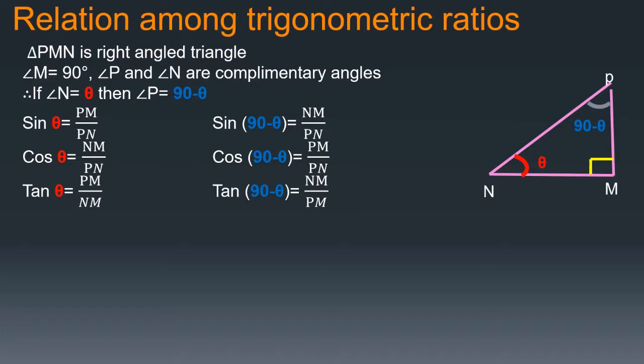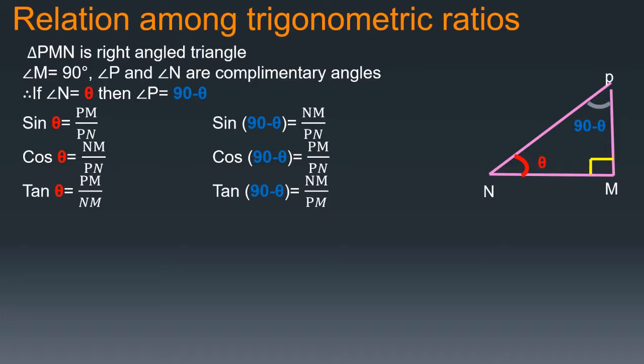Next is tan ratio. So tan ratio is opposite side upon adjacent side. The opposite side of theta will be Pm and the adjacent side of theta will be Nm. So the ratio of tan theta will be Pm upon Nm. Next is tan 90 minus theta.